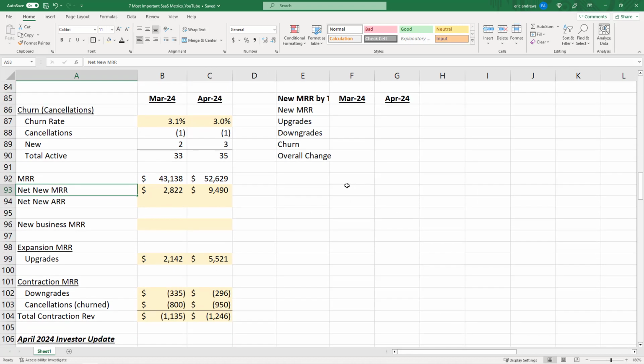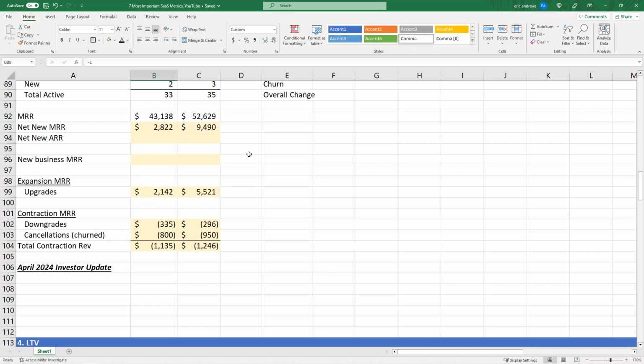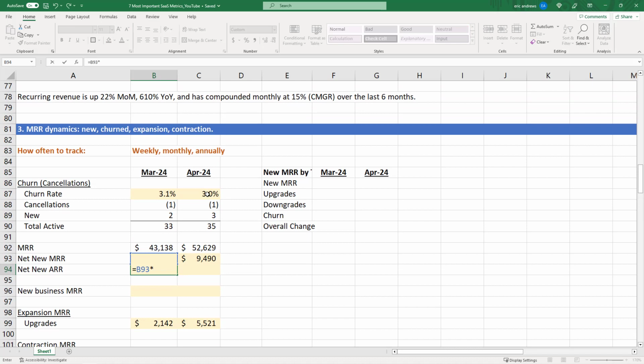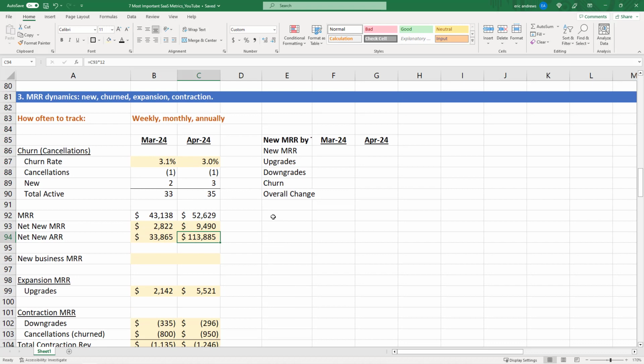For me, this number is a little bit hard to conceptualize, so I like to look at the metric as net new ARR. You just take this number and multiply it by 12, and this is how much annual recurring revenue you brought onto the business. If we brought on 9,500 in MRR, we expect that we brought on 114,000 of annualized revenue to our business. That gives you a better sense of how April actually was a really big month. It really contributed to the overall performance of the business.